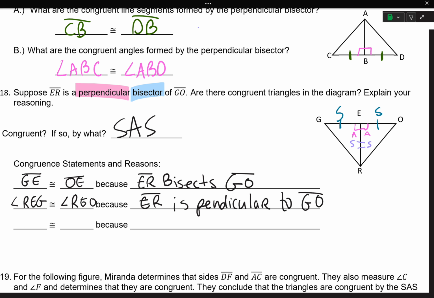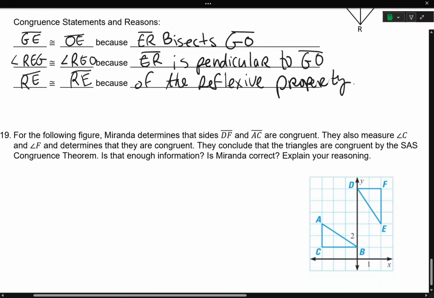And lastly, we have that RE is congruent to RE because of the reflexive property. I lost my flow of writing. The reflexive. There we go. Beautiful. Is this our last one?